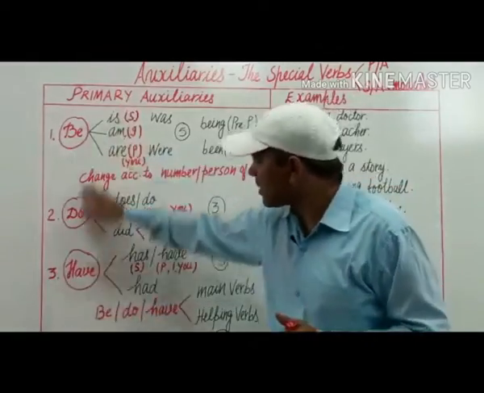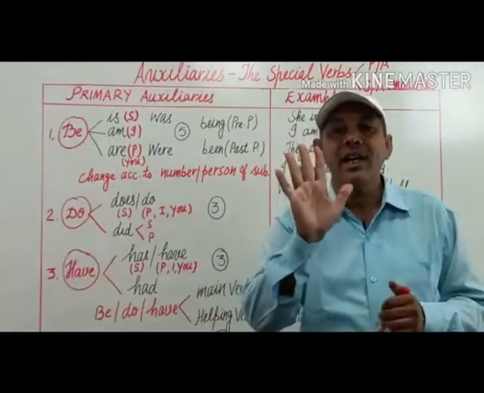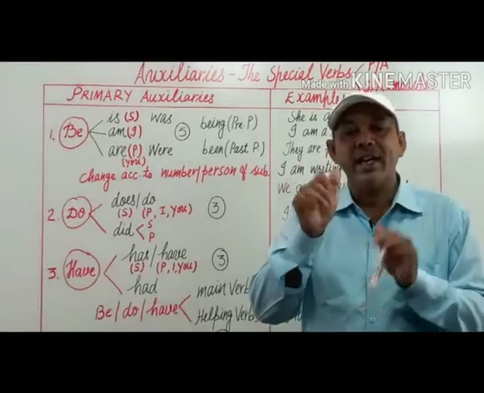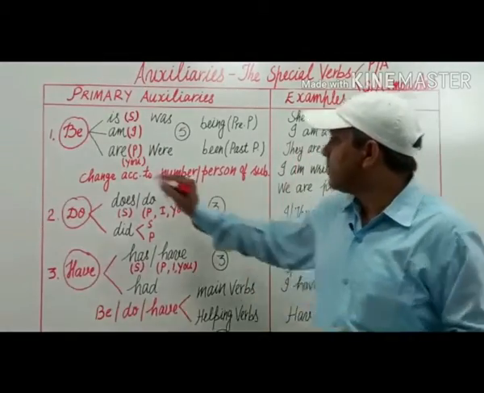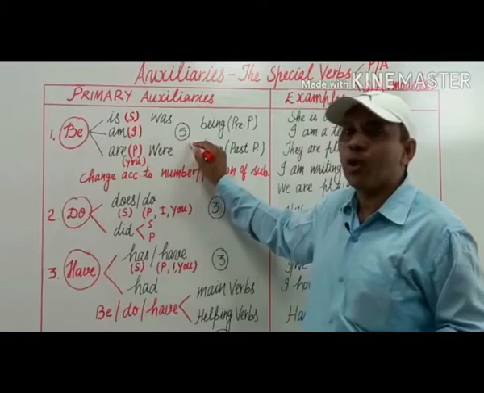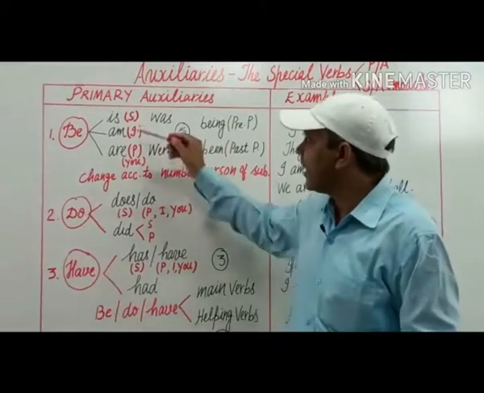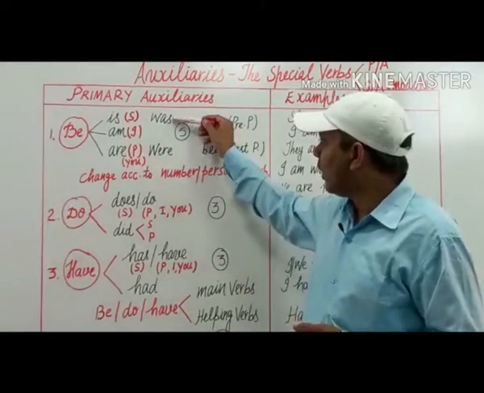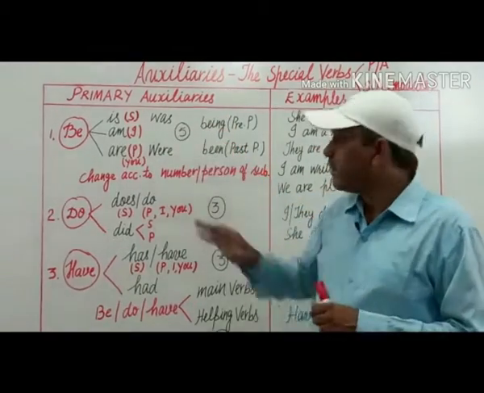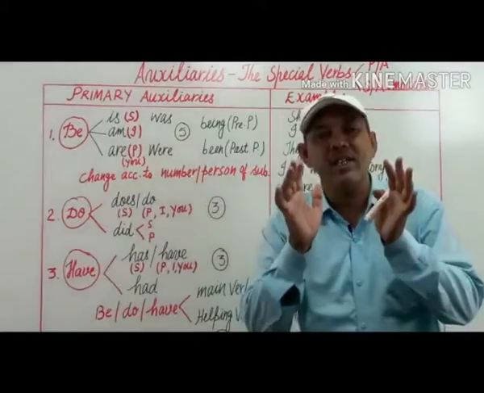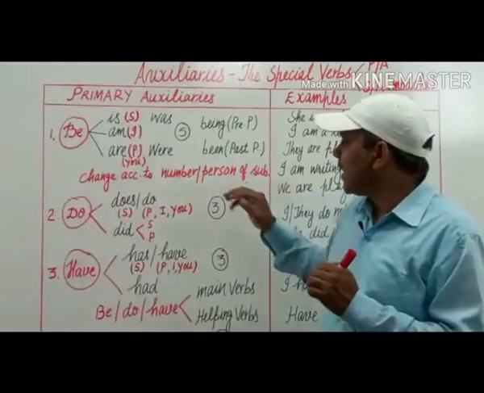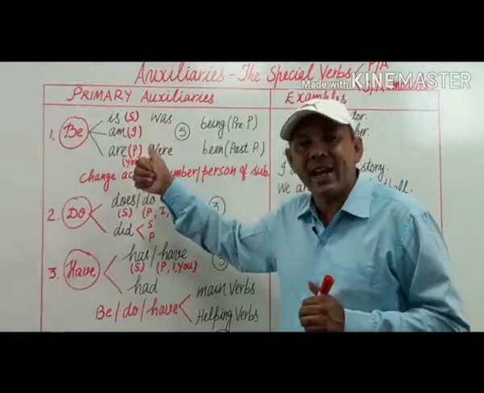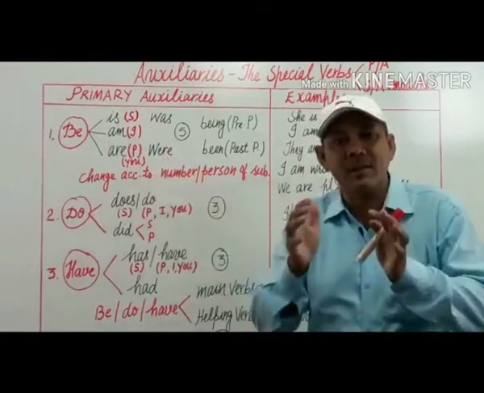These three primary auxiliaries have 11 forms. Be has 5 forms. For example, is, am, are, was, were. Be has 5 basic forms which are used according to the change in number and person of the subject in a sentence.